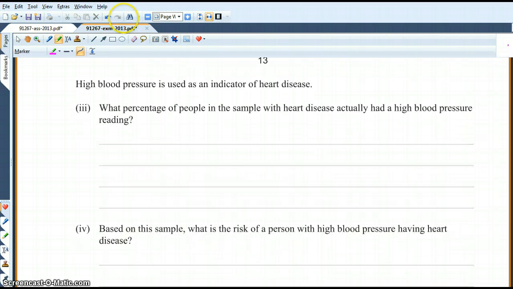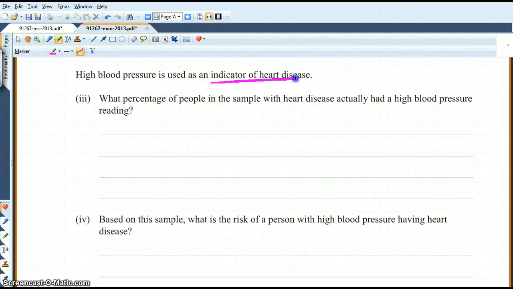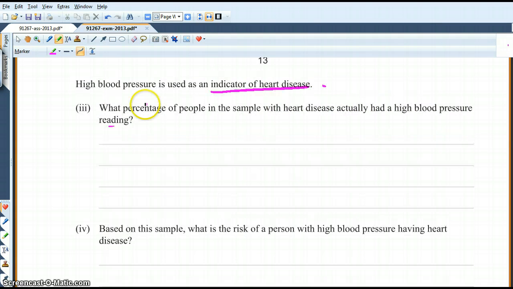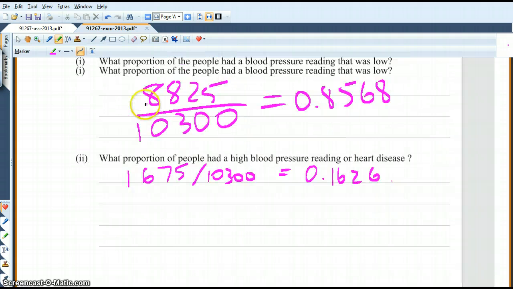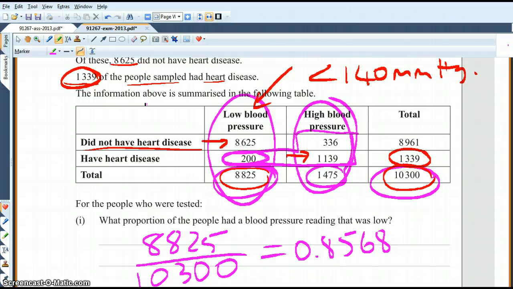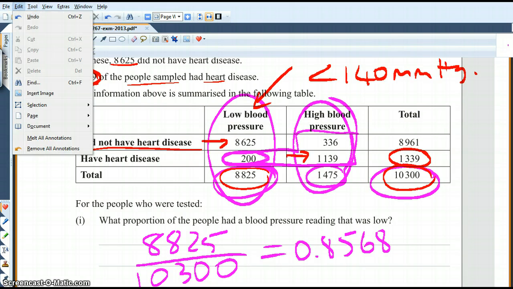High blood pressure is used as an indicator of heart disease. What percentage of people in the sample with heart disease actually had a high blood pressure reading? So we're looking at with heart disease. So this is where we'll just get rid of all the annotations.